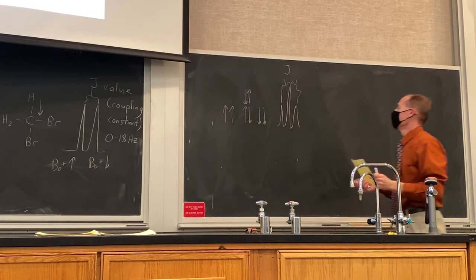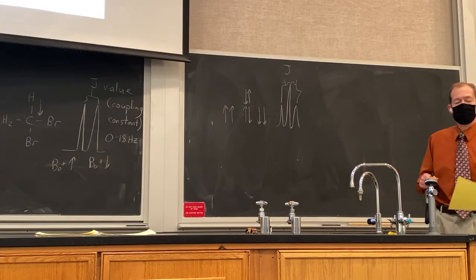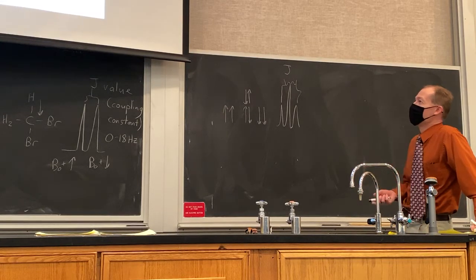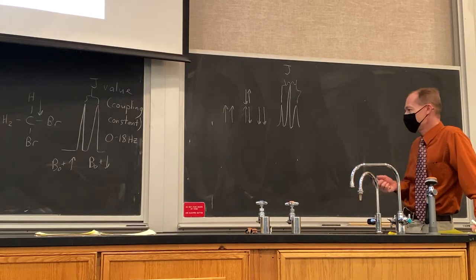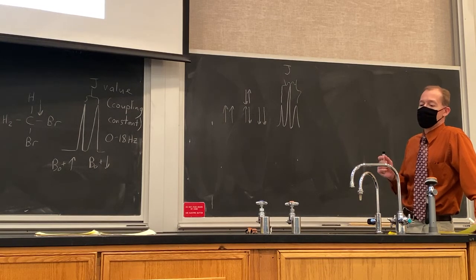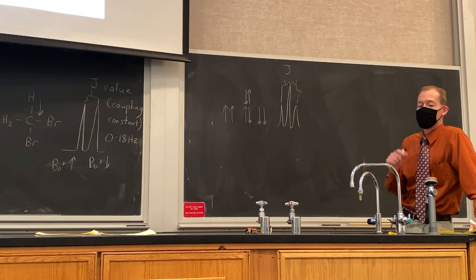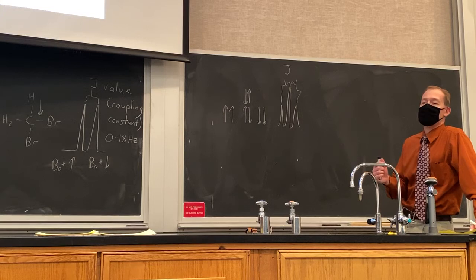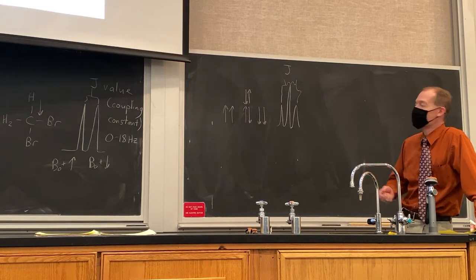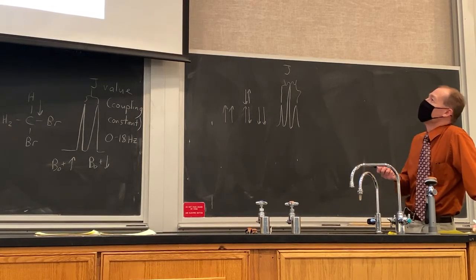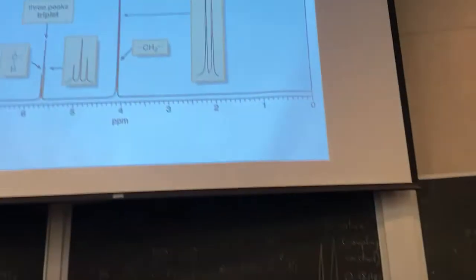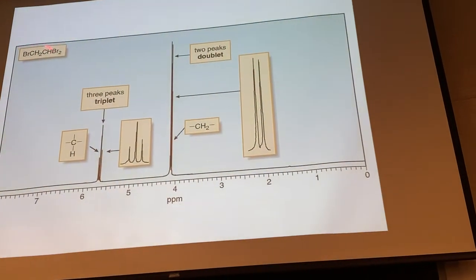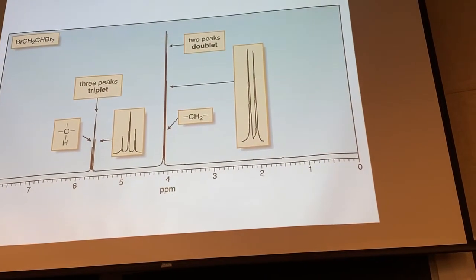Okay. And then another thing about coupling constants or J values that's very helpful is that hydrogens that are splitting each other will have the same J values for their signals. So the CH2 in tribromoethane is splitting the CH into a triplet.